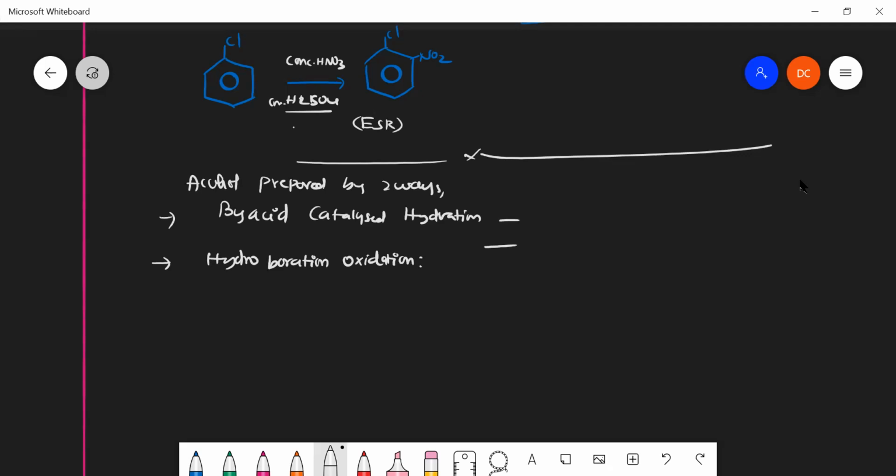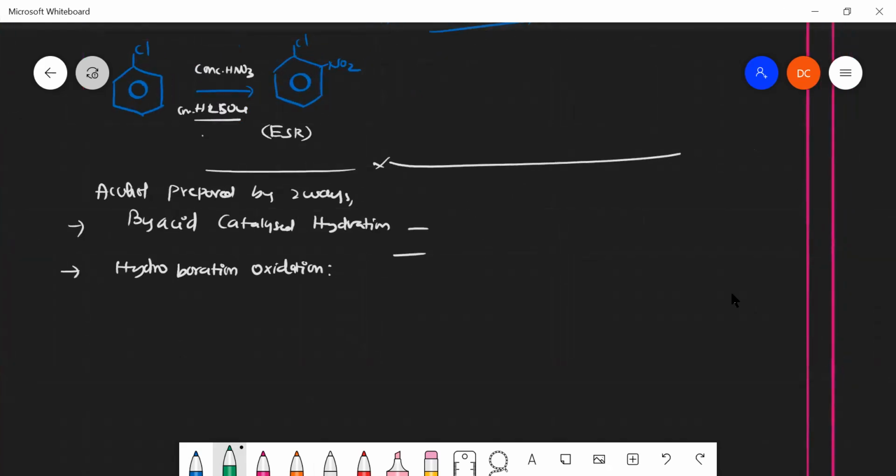Okay, what is the difference between these two: acid catalyzed hydration and hydroboration oxidation? In acid catalyzed hydration, I am able to prepare 2 degree or 3 degree alcohols. But in the case of hydroboration oxidation, I am able to prepare 1 degree alcohols. That's an important difference.